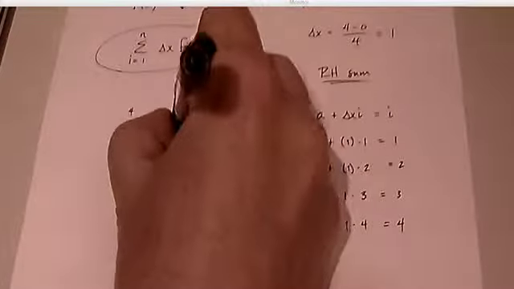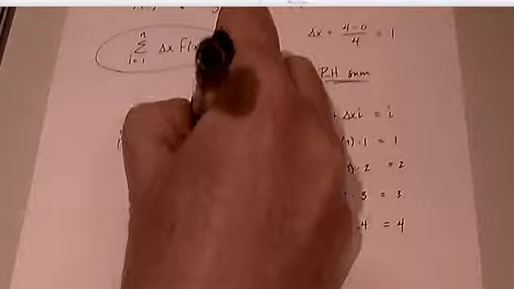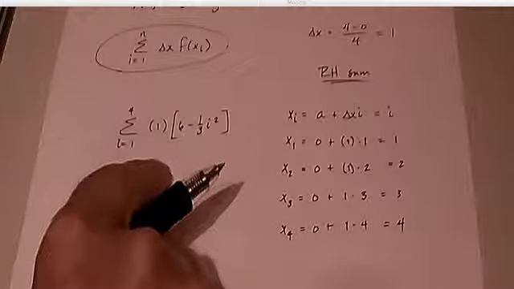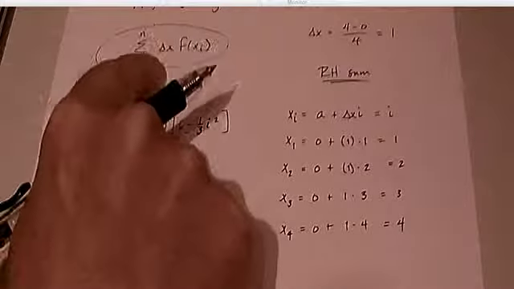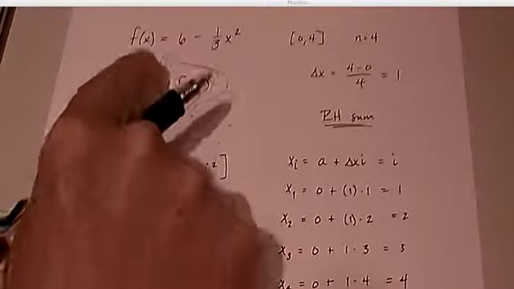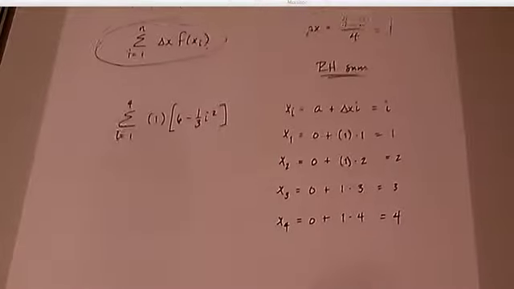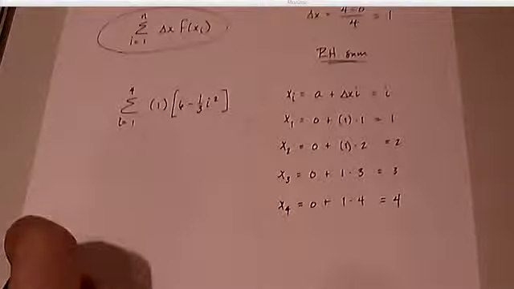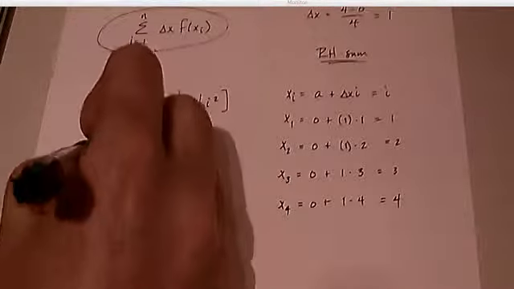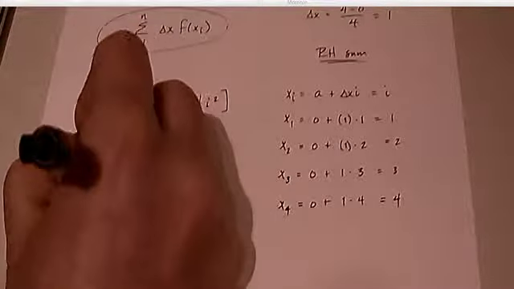So what we have is 6 minus 1/3 i squared. This is the particular form of this general form for this scenario. Okay? Now, you can do this by sigma formulas, and you need to reacquaint yourself with those.